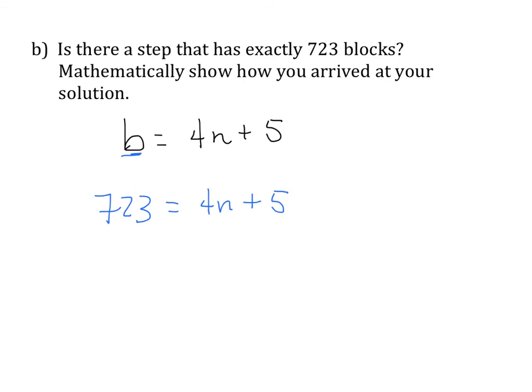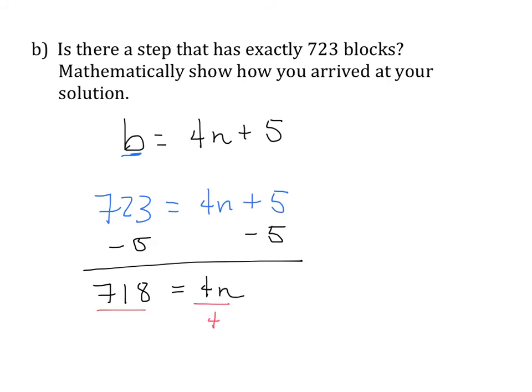Let the algebra games begin. We're trying to solve for n. We subtract 5 from both sides. 723 minus 5 is 718 equals 4n. All we have to do now is divide both sides by 4.